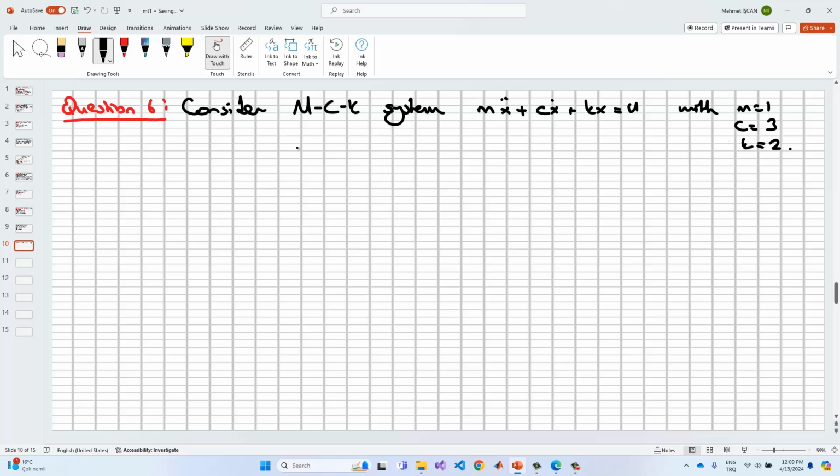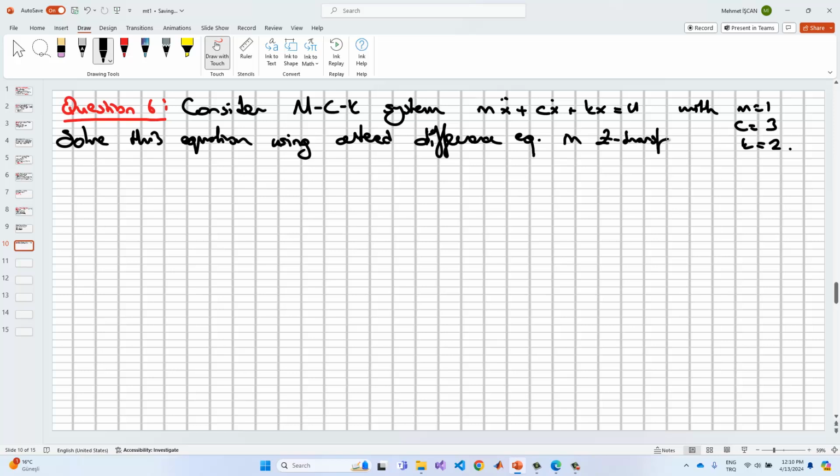Okay, and solve this equation using centered difference equation in Z transform.